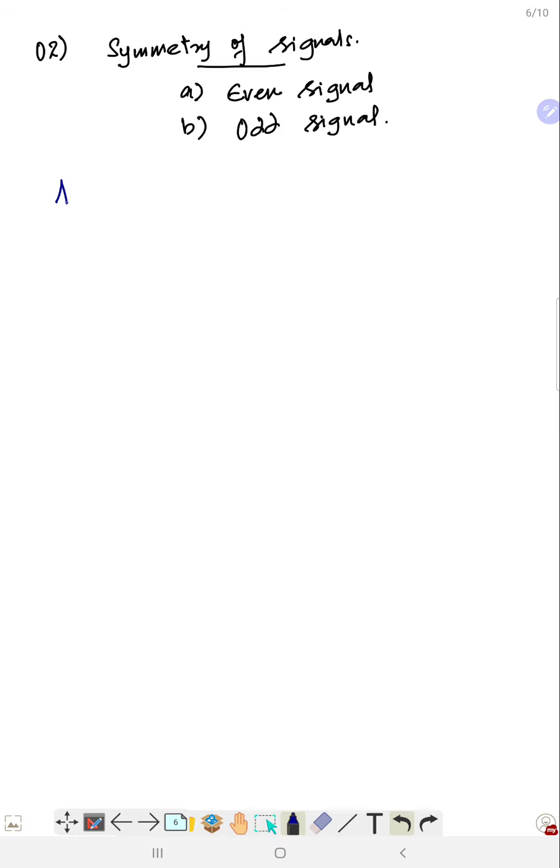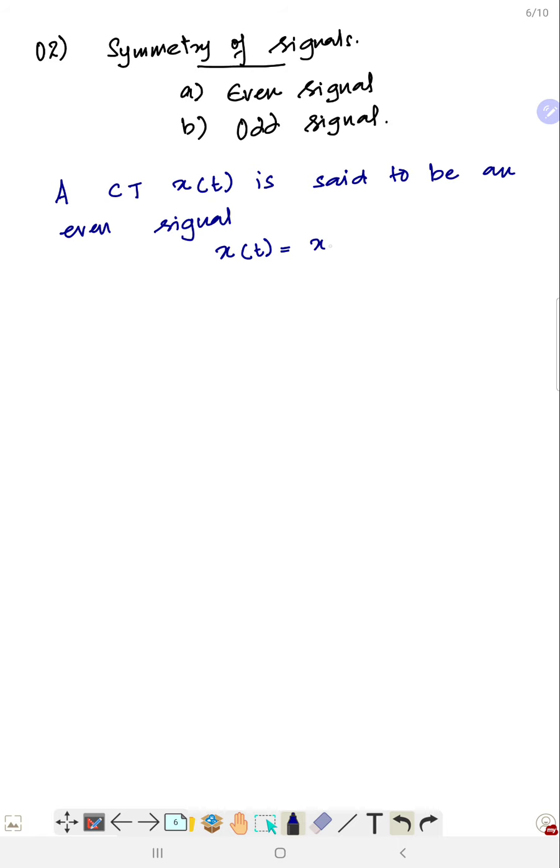For example, if I have a continuous time signal which we represent by x of t, it is said to be an even signal if it satisfies this relationship, that x of t is equivalent to x of minus t for all t.